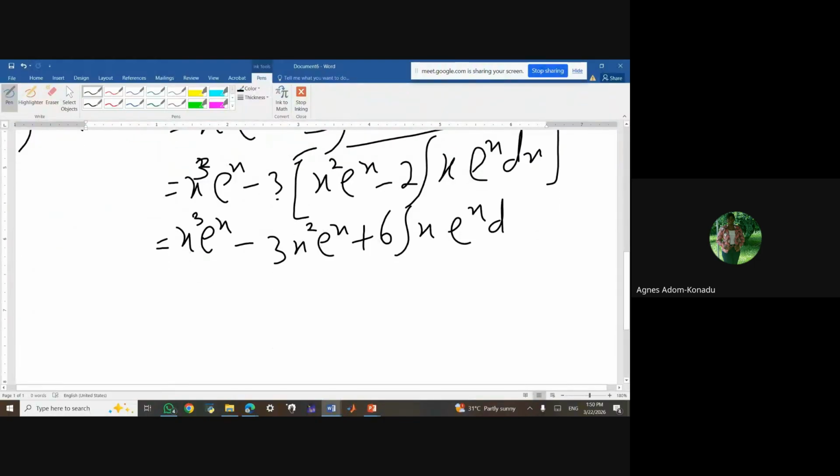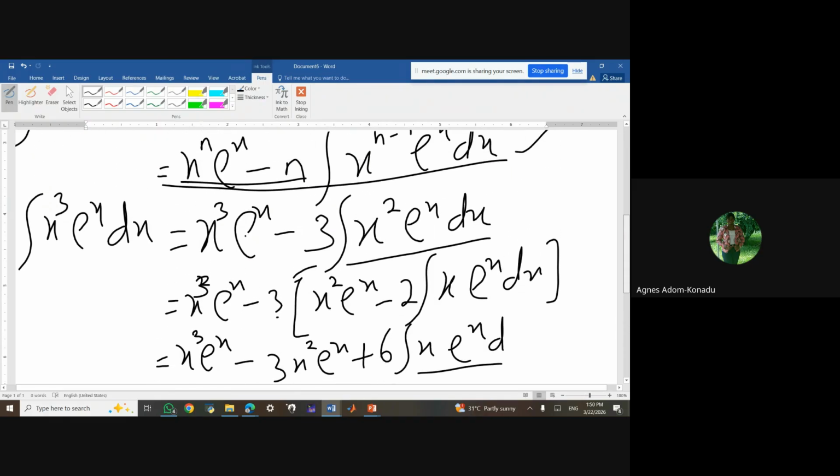I can apply the formula here too. So this is x to the power 3 e to the power x minus 3x squared e to the power x plus 6. Then let me apply it.